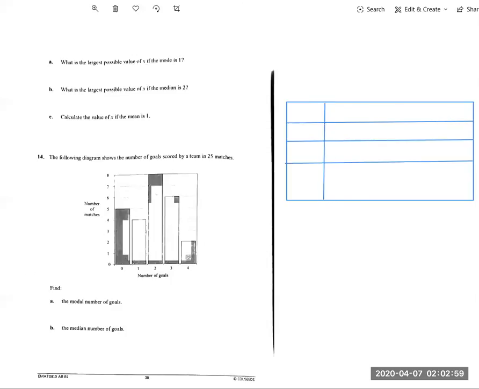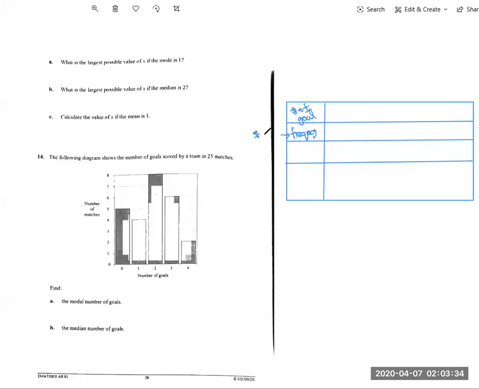Now this is the value, so this is the number of goals. This is the frequency for each score, the number of matches.